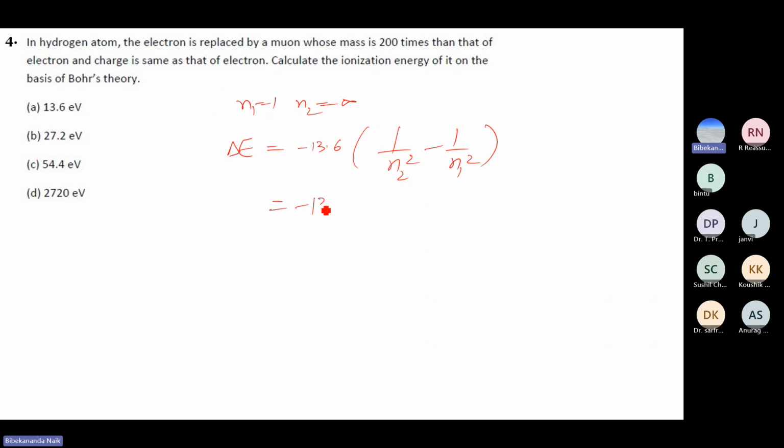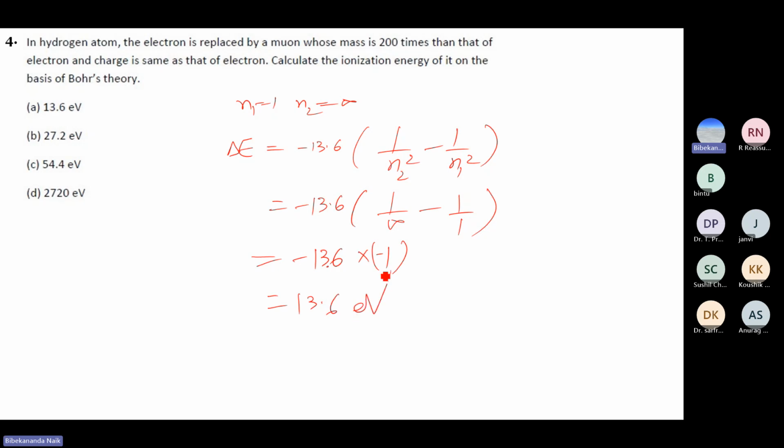It will be minus 13.6 into 1 by infinity minus 1 by 1. It will be simply minus 13.6 into 0 minus 1, which gives 13.6 electron volt.